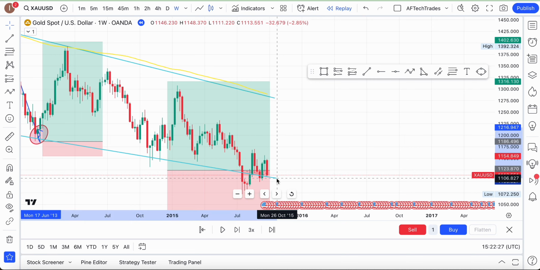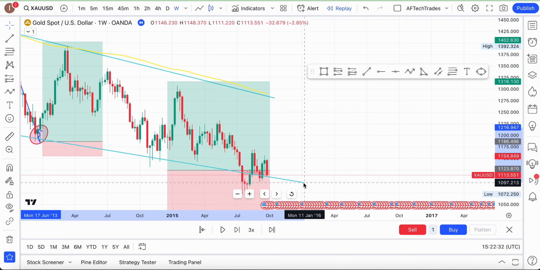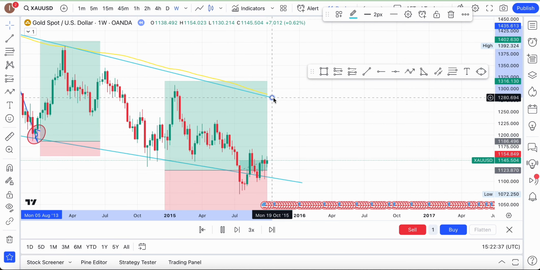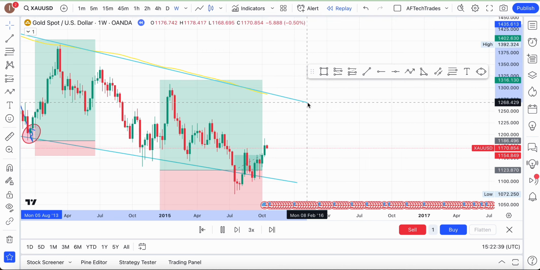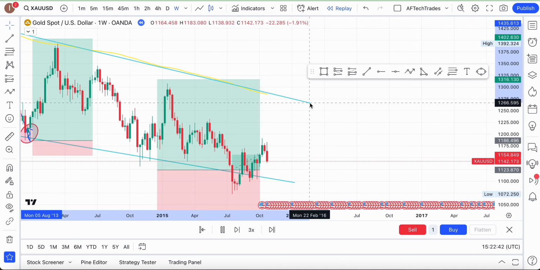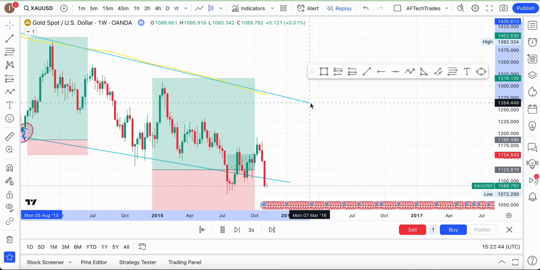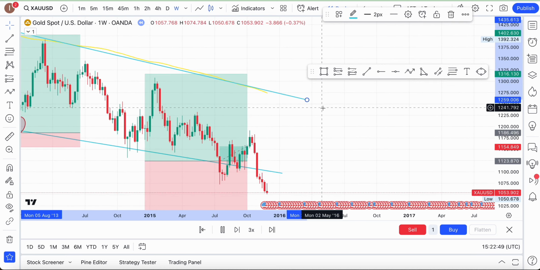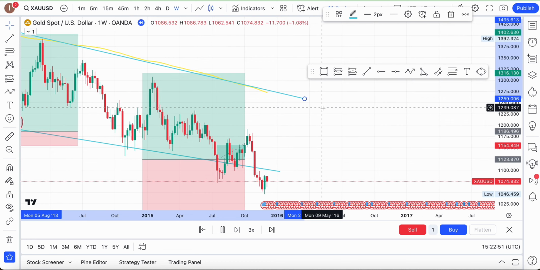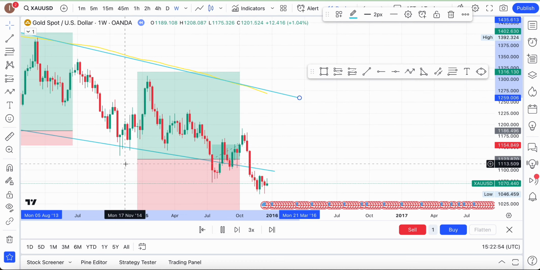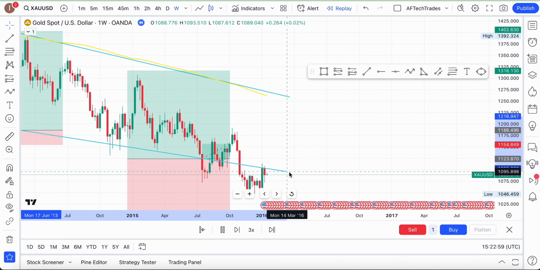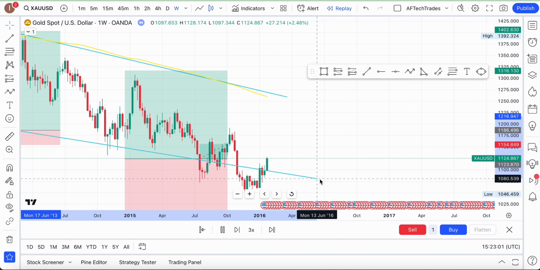It has not taken your take profit up till now. So you patiently wait, because either you hit your take profit or you hit your stop loss. Don't worry, just patiently wait. You cannot rush the market.